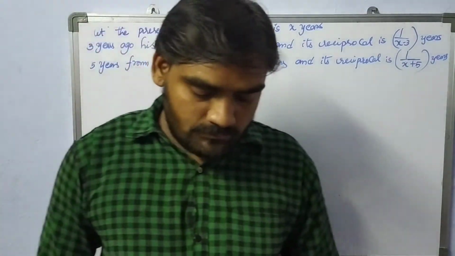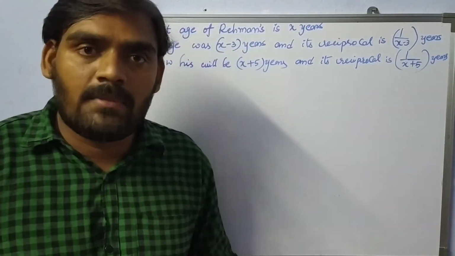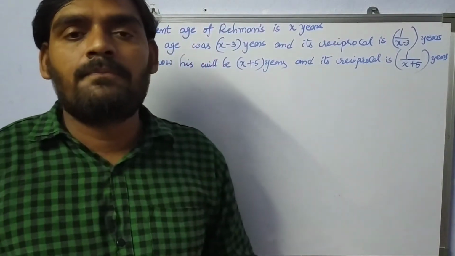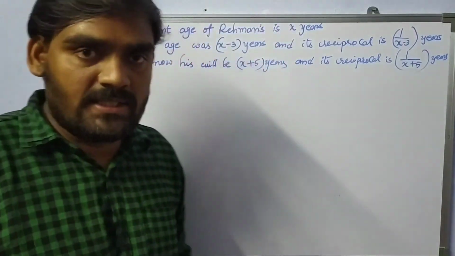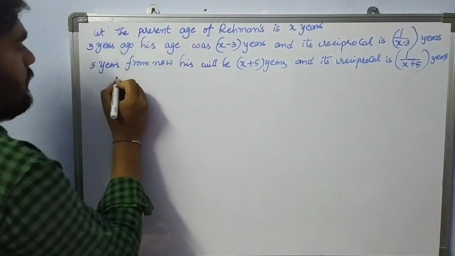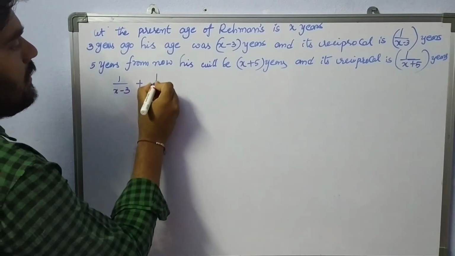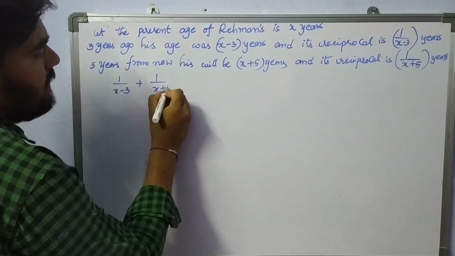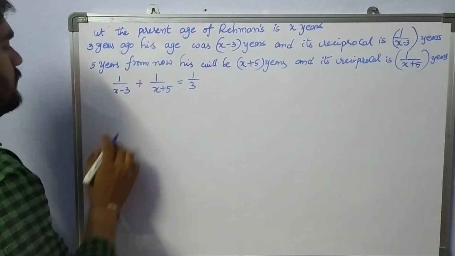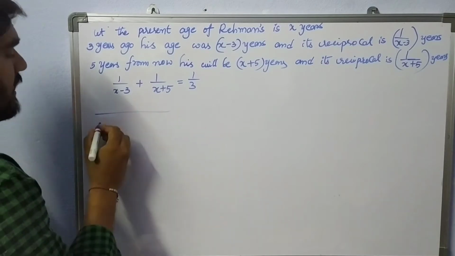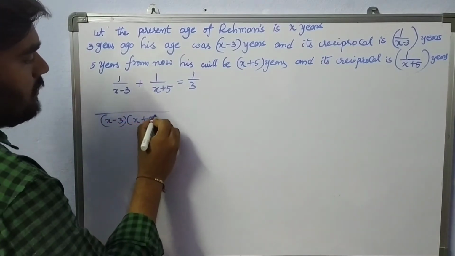According to the problem, the sum of the reciprocals of Rahman's ages 3 years ago and 5 years from now is 1 by 3. So here I will write 1 by x minus 3 plus 1 by x plus 5 is equal to 1 by 3. Now take the LCM of x minus 3 and x plus 5, which is x minus 3 into x plus 5.